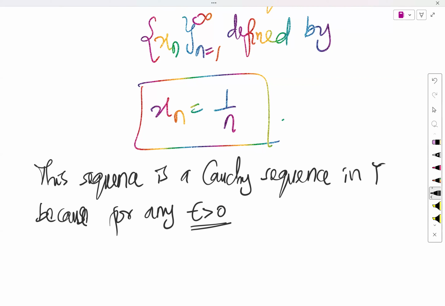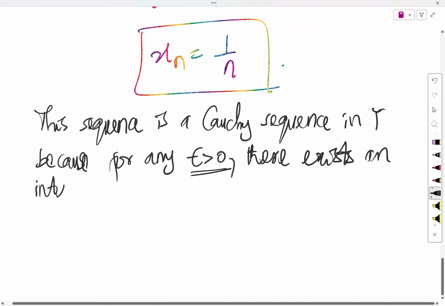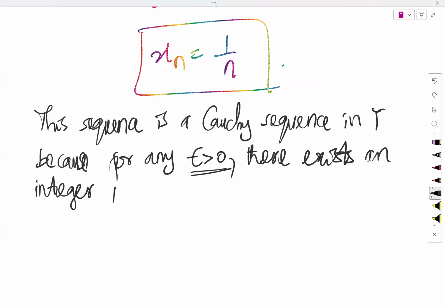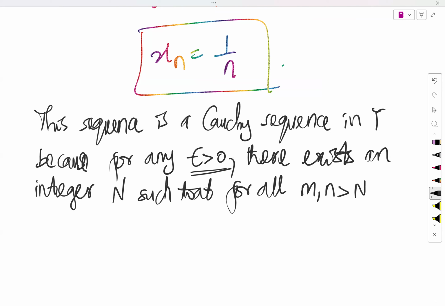So for any epsilon greater than 0, there exists an integer N, such that for all m and for all n that are greater than that particular N, we have the absolute value of xm minus xn.